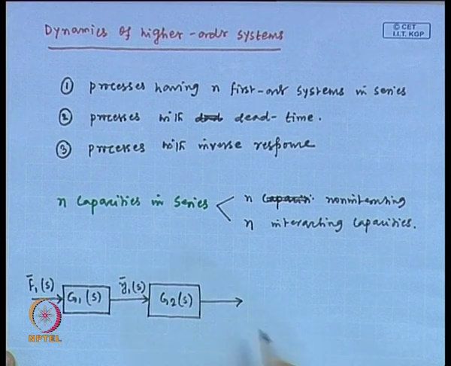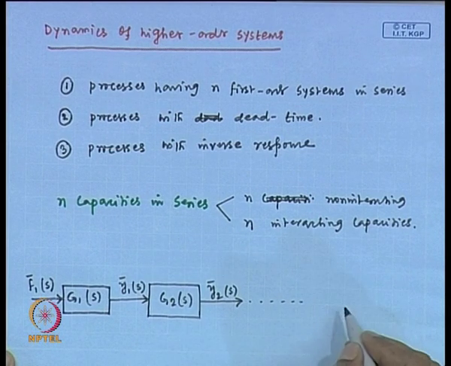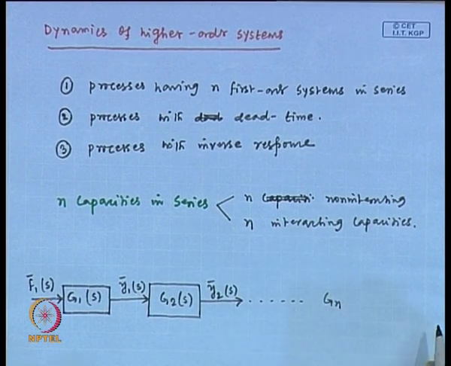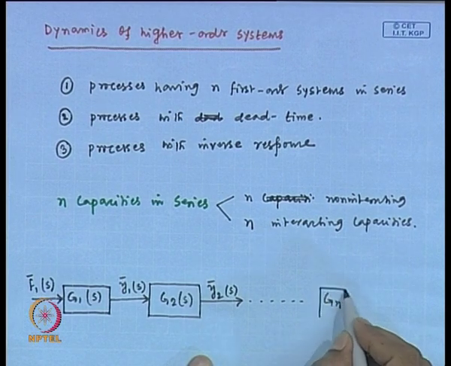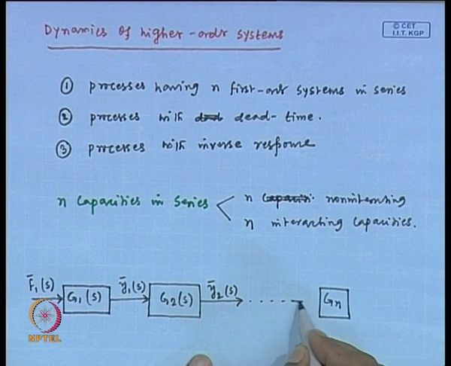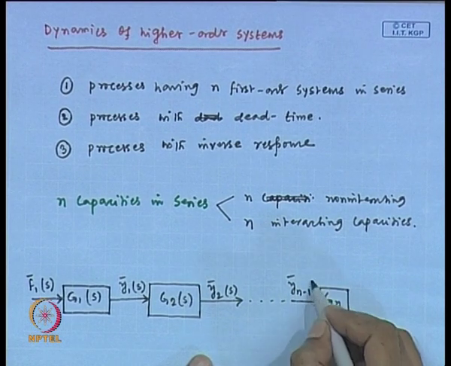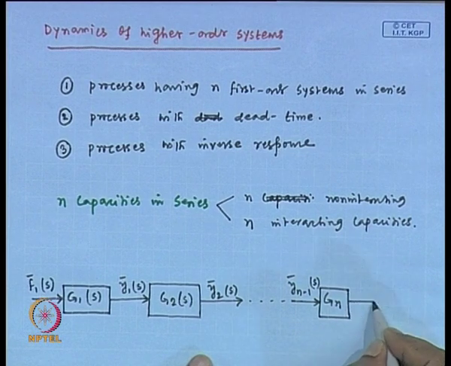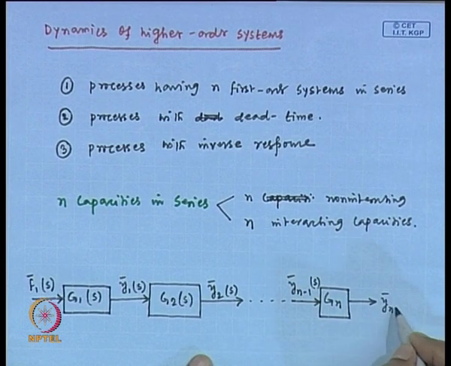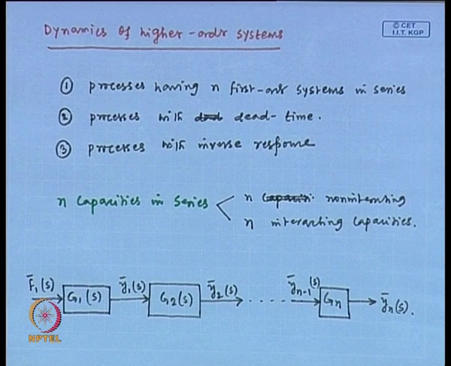Output of this second first order system is Y2 bar(s). Like this, we place the last or nth first order system having transfer function of Gn. Input to this nth first order system is Yn-1 bar(s). Output is Yn bar(s). This is the n non-interacting capacities connected in series.